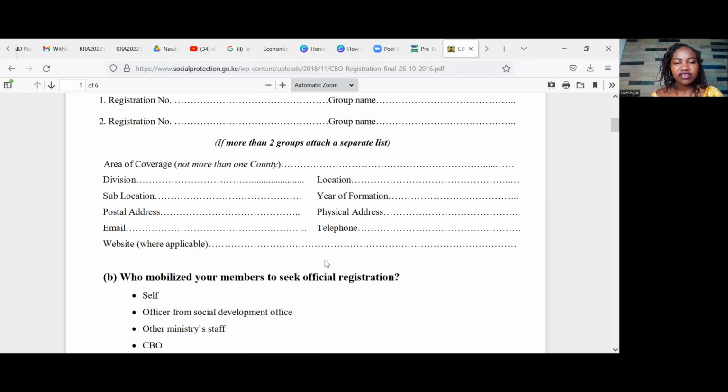You need to provide details of your area of coverage, and like I mentioned, it cannot be more than 1 county because this is a community-based organization. So you give the details of the division, the location, the sublocation, and your website and email if applicable. But remember, we said nowadays we cannot work without digital presence.